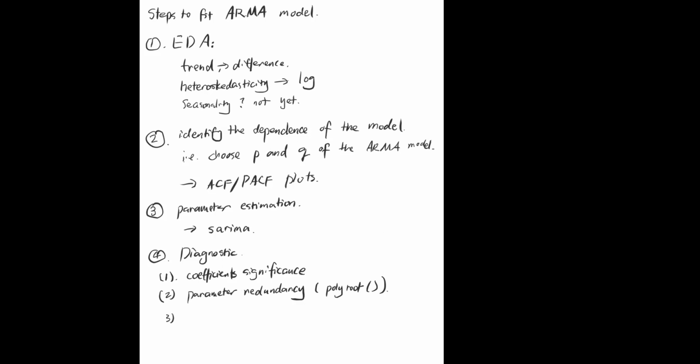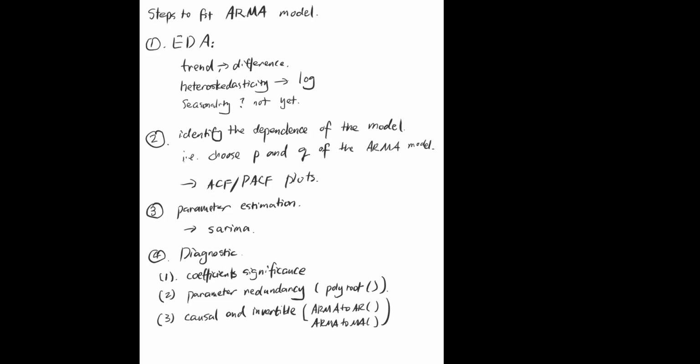Number 3 is to check the causality and the invertibility of the model. We use ARMAtoAR and ARMAtoMA to do these checks.